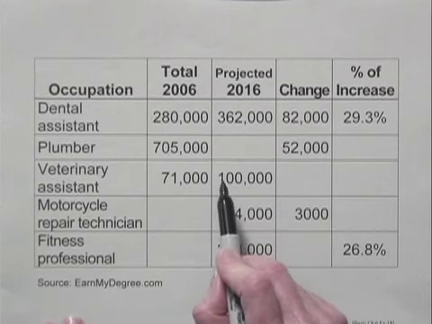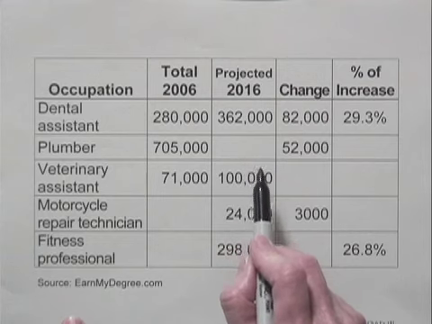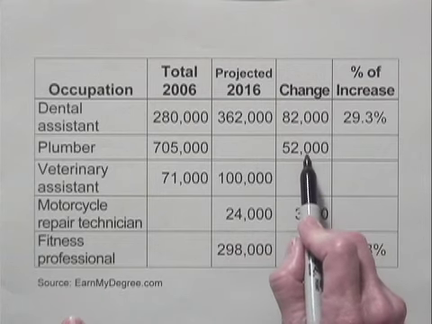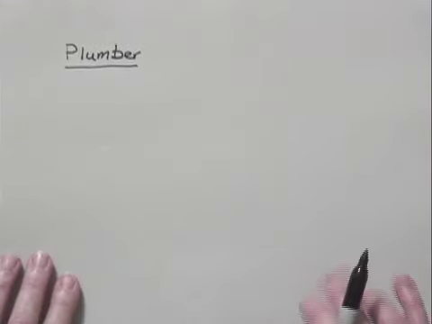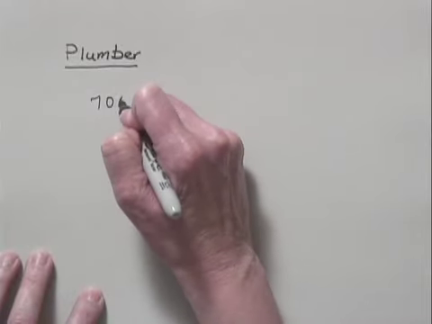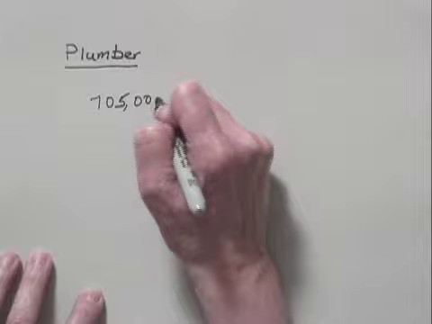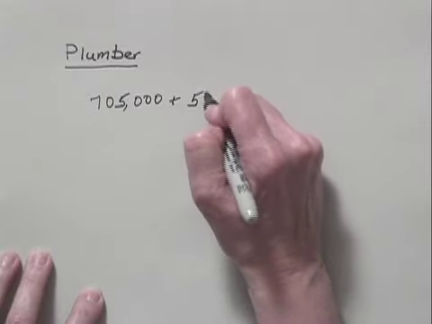The first thing that we want to find is the projected number of jobs in 2016. We know that it's going to be 52,000 more than the number in 2006. So we can add to fill in that part of the table. We would add the number of jobs in 2006, which was 705,000, and the projected increase, which is 52,000.